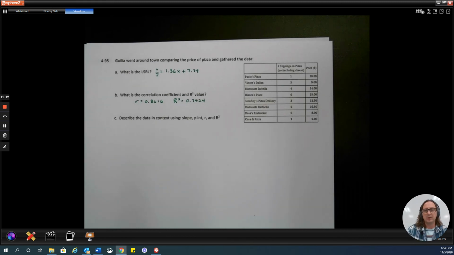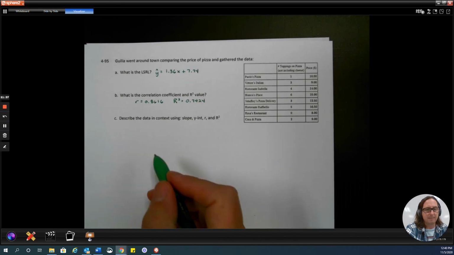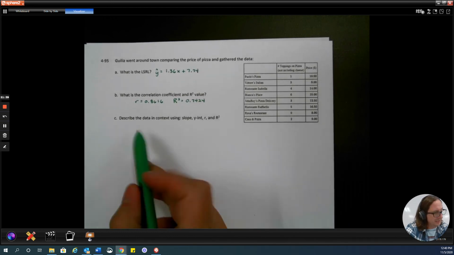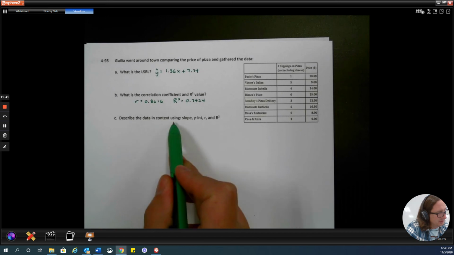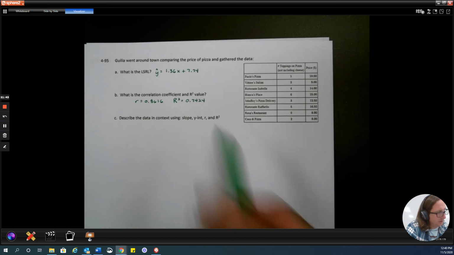Okay, so what we can say now is that we describe the context using the slope, the y-intercept, the r, and the r squared value.